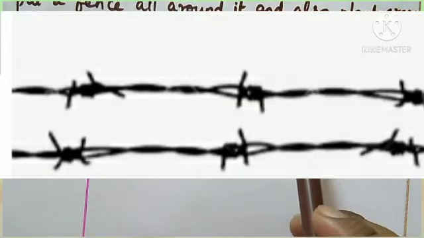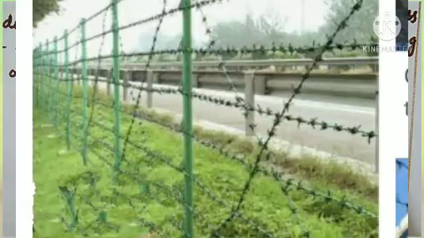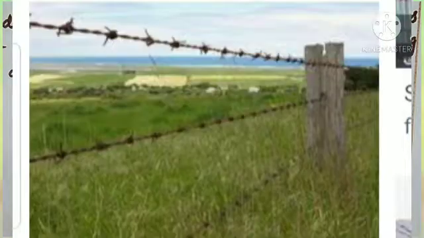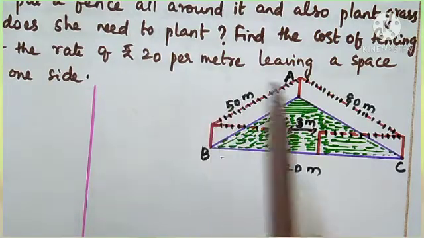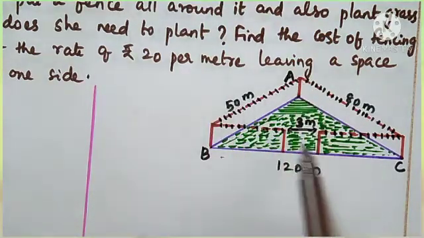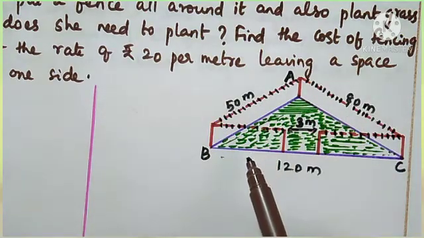So these are used to make fence around a field or any garden or like that. And here the cost of fencing we want to find out, given that per meter rupees 20 is the charge for fencing and we need to fence the complete surrounding, complete boundary of the garden.